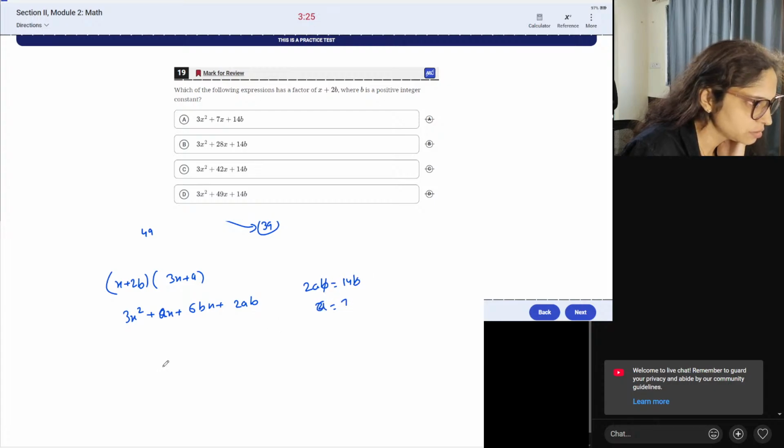That means a is 7. So 3x squared plus 7x plus 6bx plus 14b.